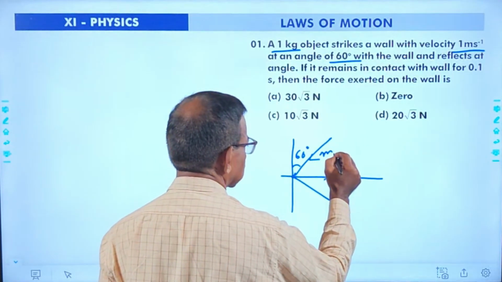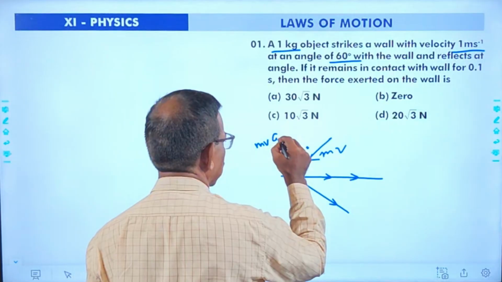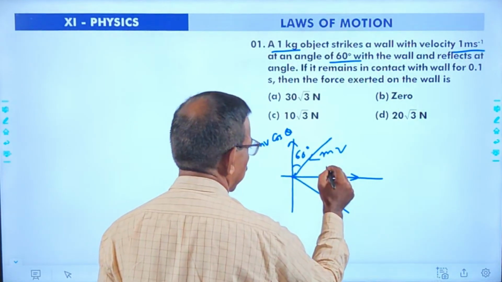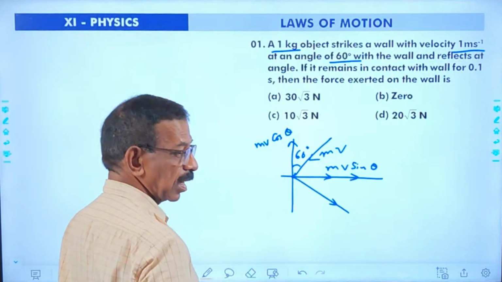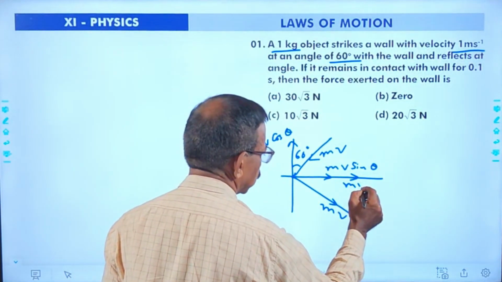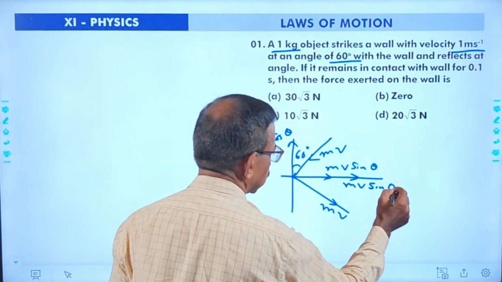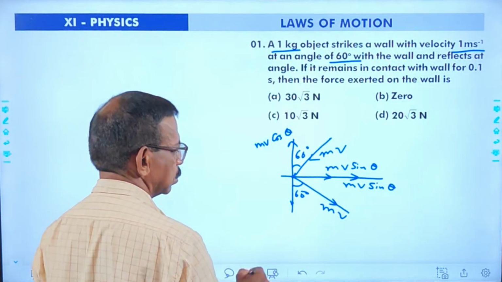The momentum is mv. It is to be resolved into mv cos theta and mv sin theta. Similar resolution may be given to this part, mv. Here also, it is mv sin theta and this one is mv cos theta.